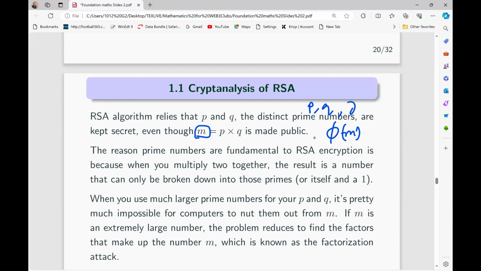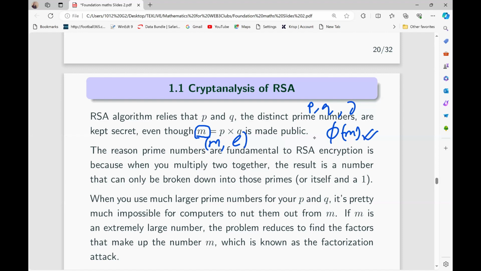Then we had E, which was public. So what was public is M and E. P, Q, and D, we said they should be private. And we also said this one, phi of M, should also be private.